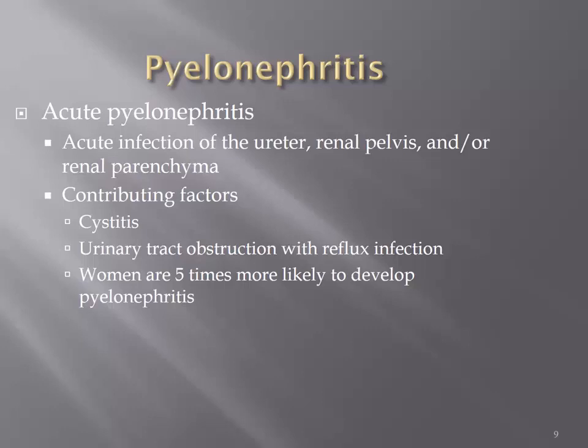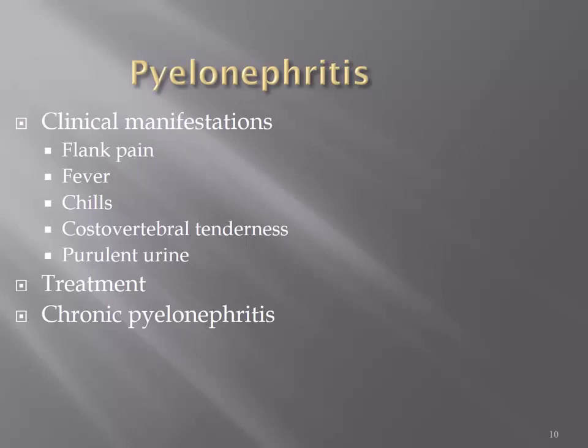So how this develops, it may very commonly come from cystitis, UTI, when we have an obstructive UTI and we have a reflux of urine, then we have the danger of developing pyelonephritis. The patient will present with flank pain, again, fever, chills, costovertebral tenderness or costovertebral angle or CVA tenderness, purulent urine.